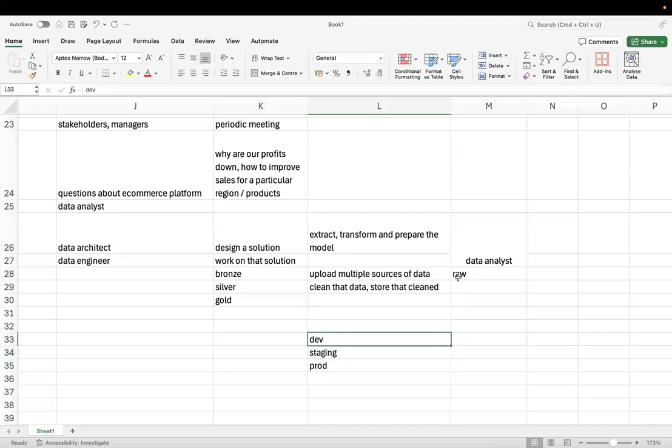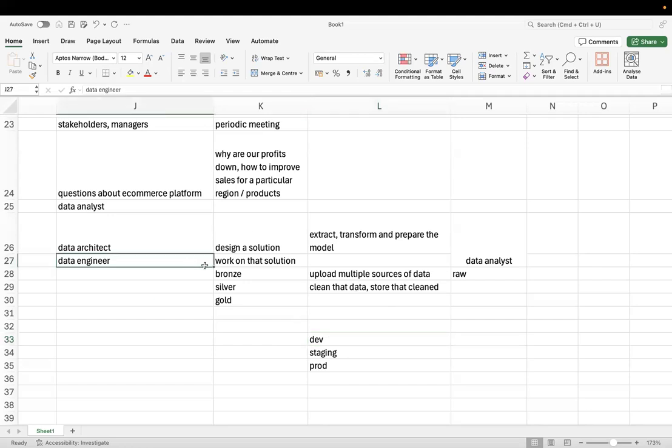All of this is going to happen on the development environment, and the data engineer is going to work on this. The data engineer is not going to work on this alone. There will be multiple data engineers who are assigned the transformations. Let's say there are 10 transformations.